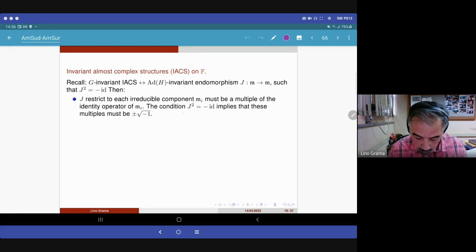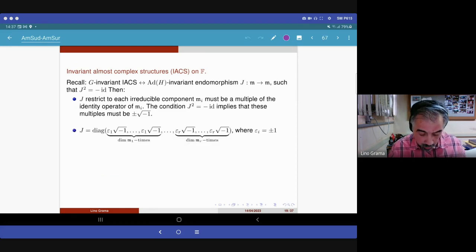The condition J square is minus identity implies this multiple must be plus or minus the imaginary unit. So J will be this diagonal, where epsilon i is plus or minus 1.